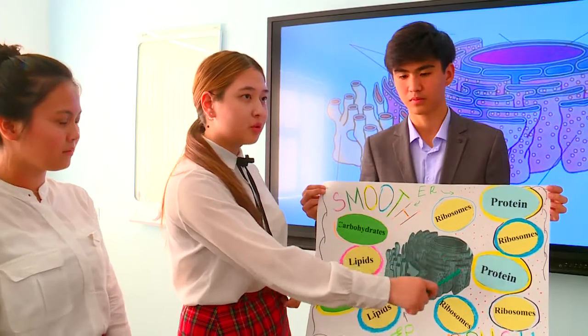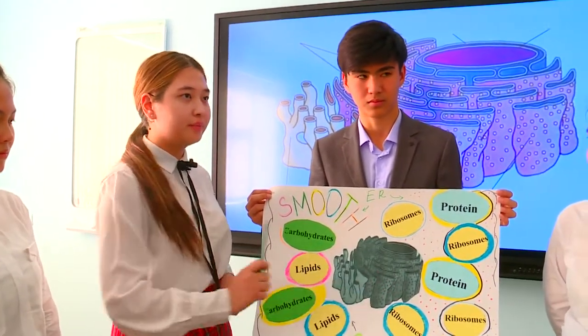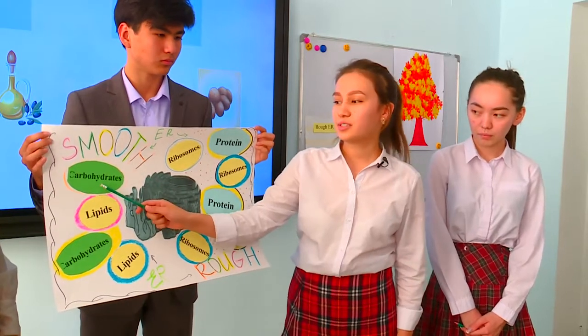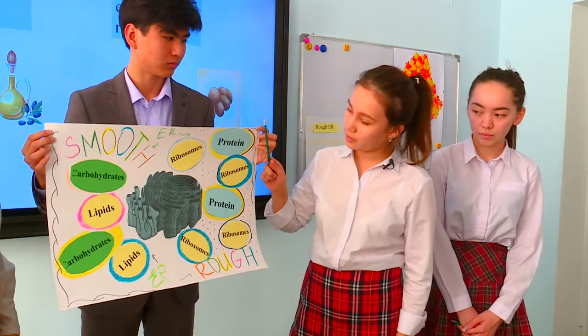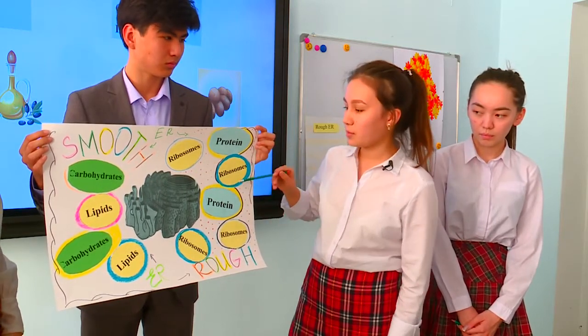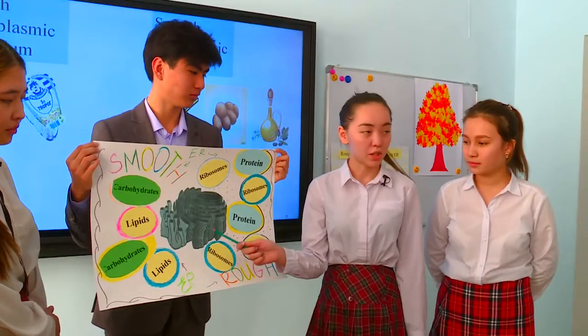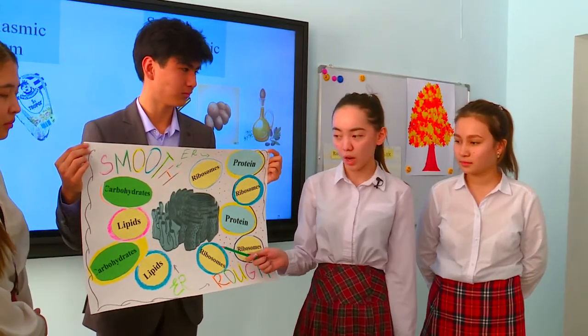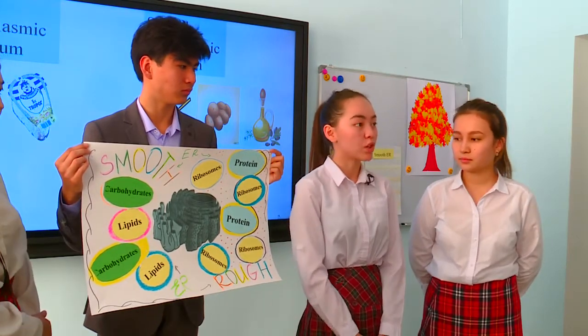There are 2 types of ER, rough, otherwise called granular, and smooth, agranular. Smooth ER synthesizes carbohydrates and lipids, and on the rough ER we have ribosomes that synthesize proteins. ER transports substances. Protein molecules are transported through the ER channels to the Golgi apparatus.